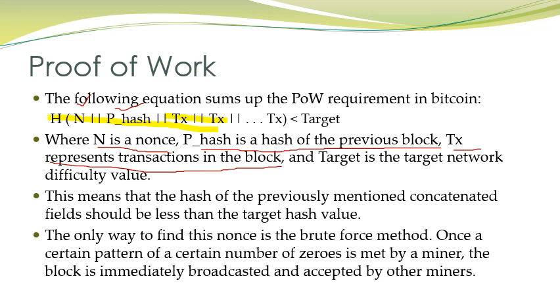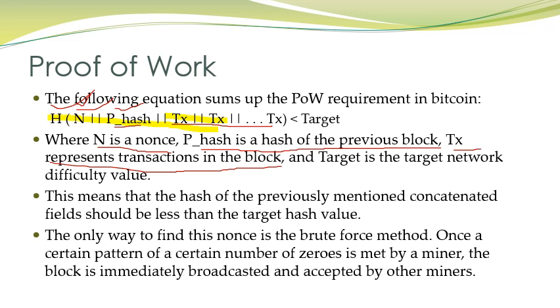These terms are combined, concatenated: the nonce, the hash of the previous block, and the list of transactions. All these terms are concatenated, and from this the hash value is calculated. And this resultant hash value should be less than the difficulty target.